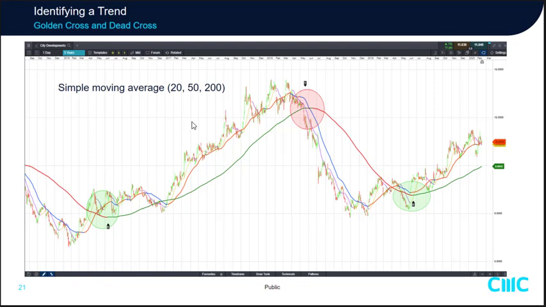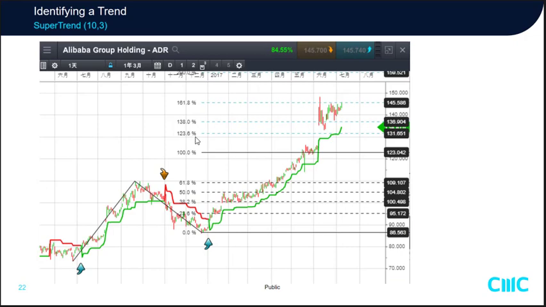Alright, so this is an illustration of how to use the combination of simple moving averages in identifying a critical turning point in trend. For some traders, you can even use 10, 20, and 50 as a mini golden cross or dead cross. Alright, then let's move on to SuperTrend. The green line shows that it's an uptrend, whereas the red line means the trend is turning bearish.